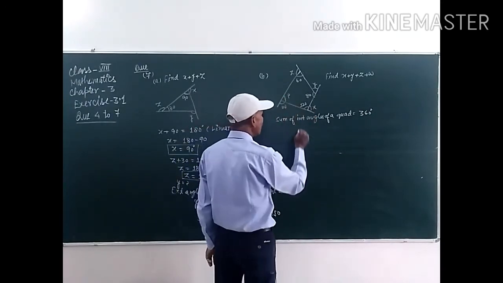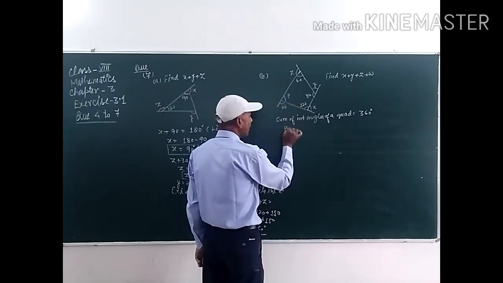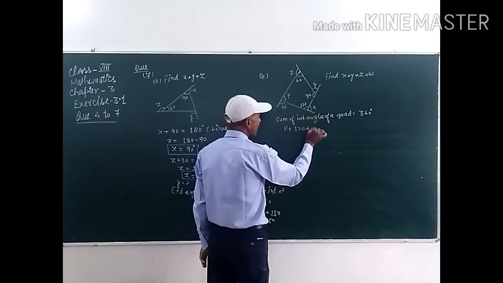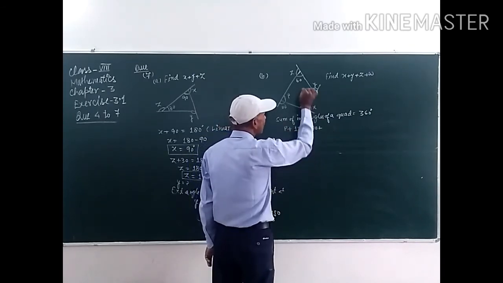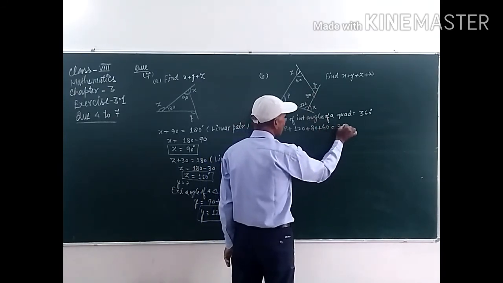So this will be P plus 120 plus 80 plus 60 is equal to 360 degrees.